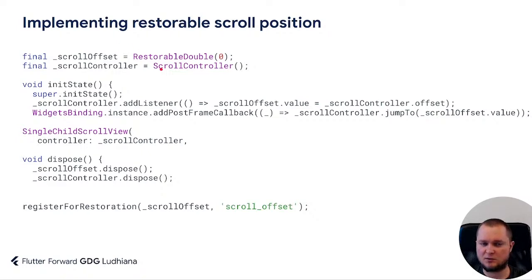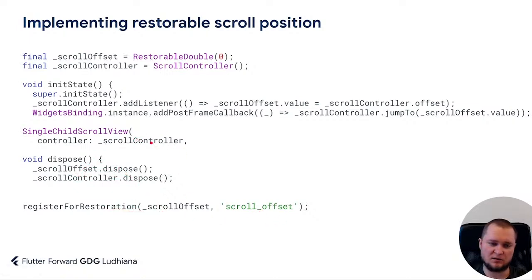To do that in Flutter, we cannot use the Restorable scroll controller. There is no such class. So we have to use the simple usual scroll controller and add the Restorable double for the scroll offset. And similarly as before, you have to dispose it, register it for restoration.